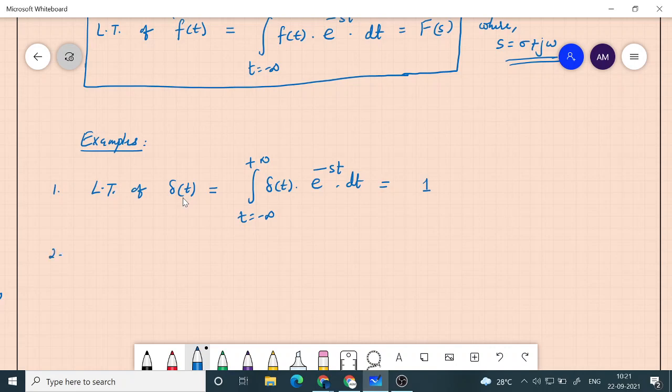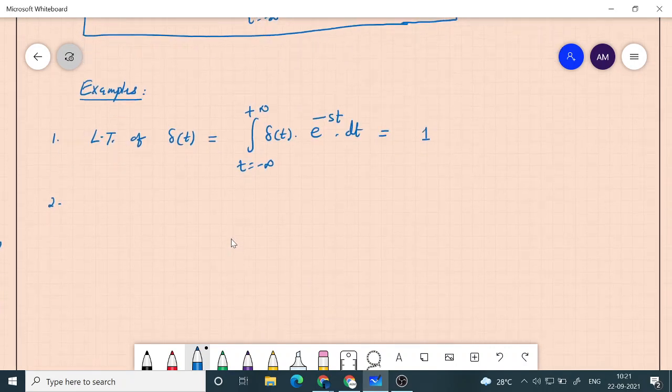Number 2. Laplace transform of e raised to minus at into u of t.